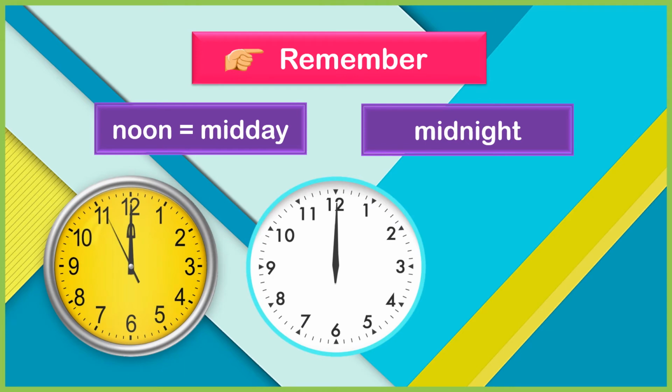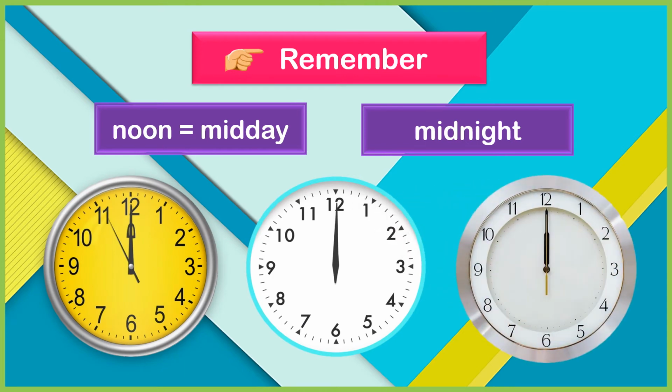How about for midnight? Is it correct to say 12 o'clock in the morning or 12 o'clock at night? Instead of saying 12 a.m. or 12 p.m., the safest way is to say 12 midday or 12 noon and then 12 midnight.